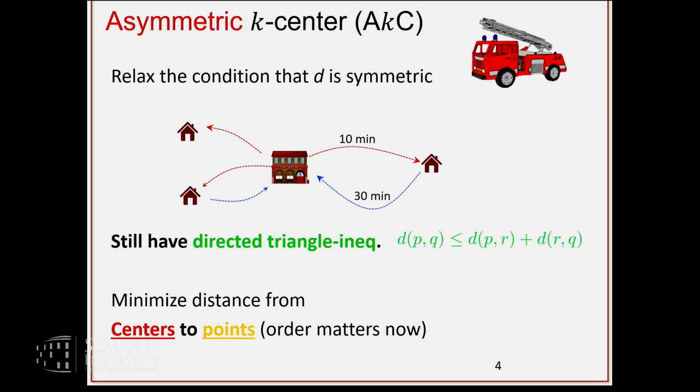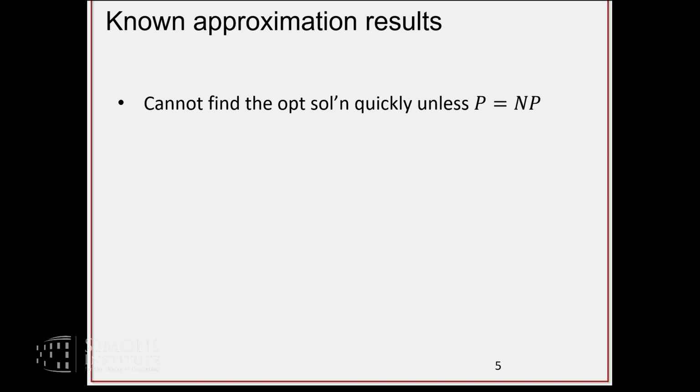Okay. Now I'm going to talk about what's known about these problems in the worst case, and pretty soon I'll get to beyond worst-case analysis. First of all, these problems are NP-hard, so we're shooting for approximation algorithms.